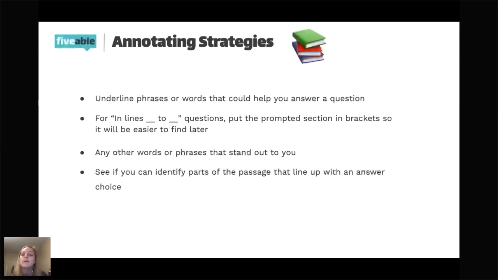So when you get to that question, you can go back and be like, oh, okay, here is that one part of the passage. Does it make sense for it to be the right answer? Yeah, it's kind of self-explanatory, but I didn't do this on my exam, and I totally should have, because it would have made my life so much easier.